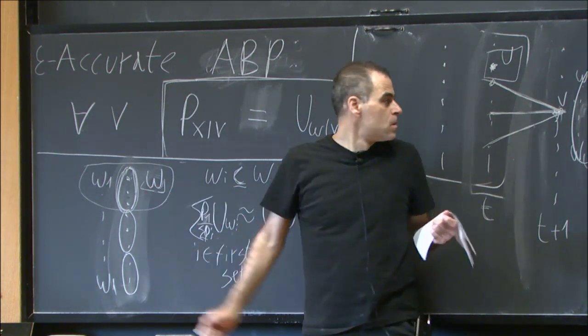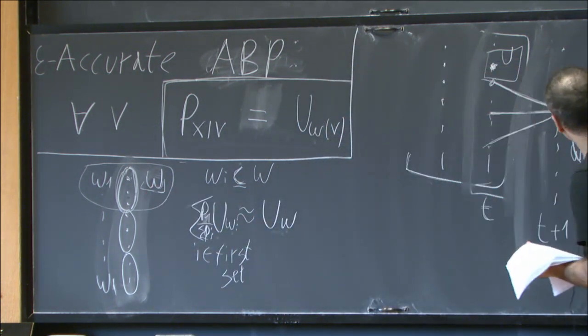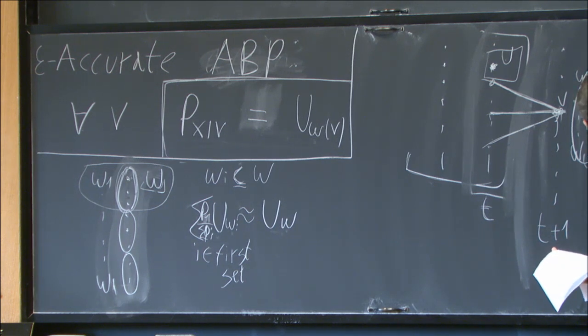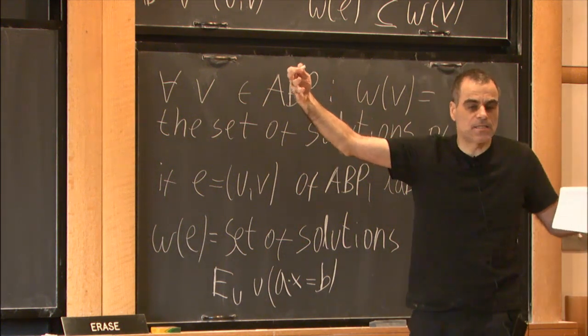That's what you can do. So you take all these vertices in this particular set and replace them by one vertex that is labeled by W. Why can you do that? By the condition of an affine branching program, you can always increase the set of solutions.